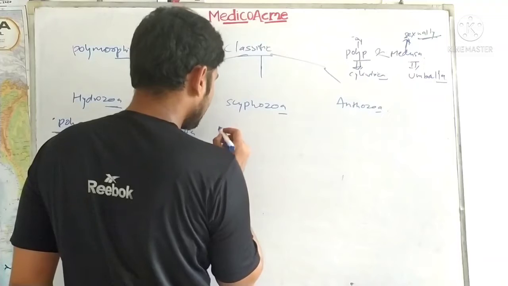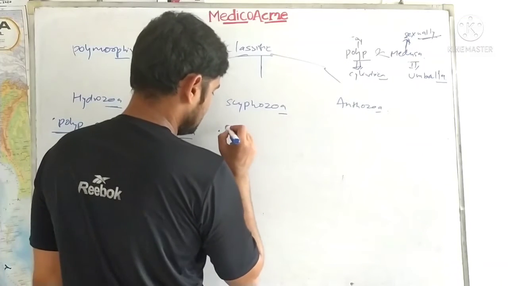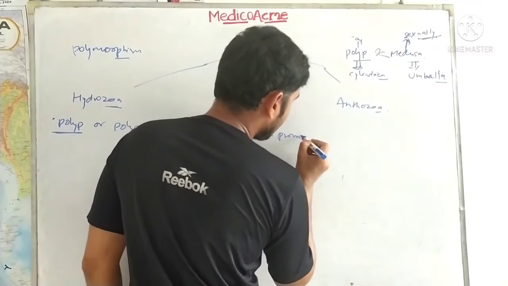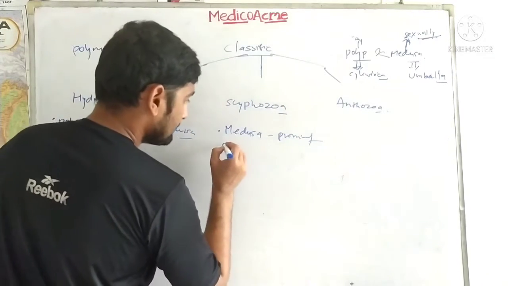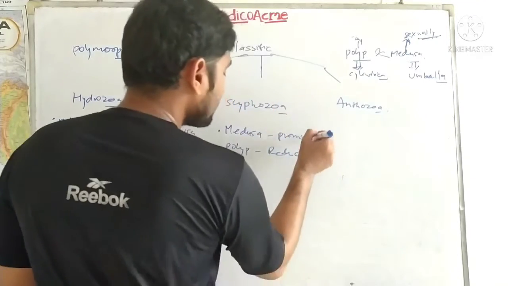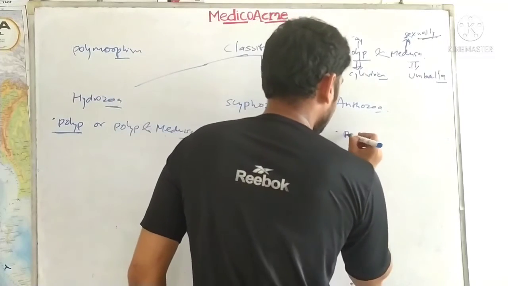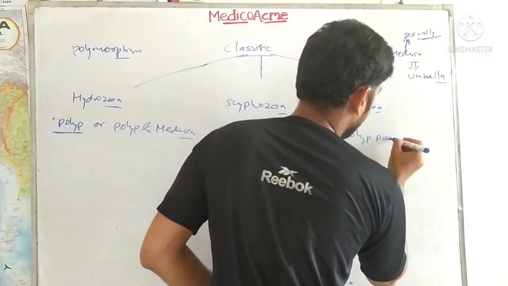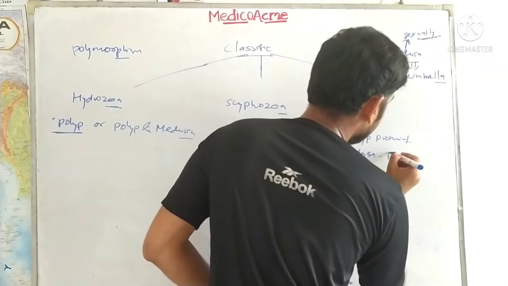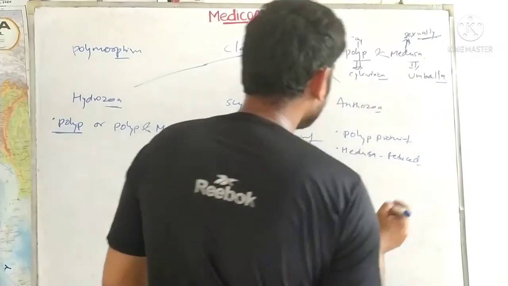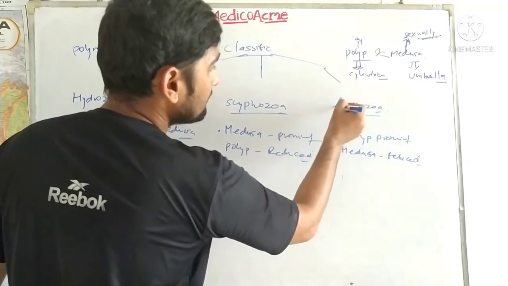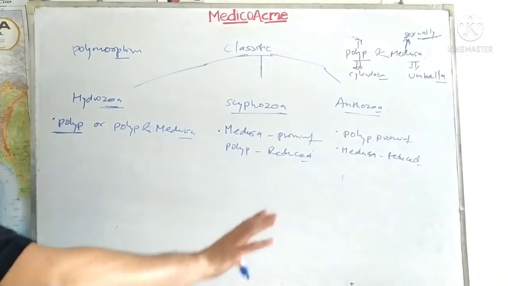In Scyphozoa, the medusa form becomes very prominent, medusa prominent, and polyp reduced. Okay. The reversal of this will be the Anthozoa, polyp prominent, medusa reduced. Then another difference: sometimes in subjective exams, they ask you to write the difference between the different classes.